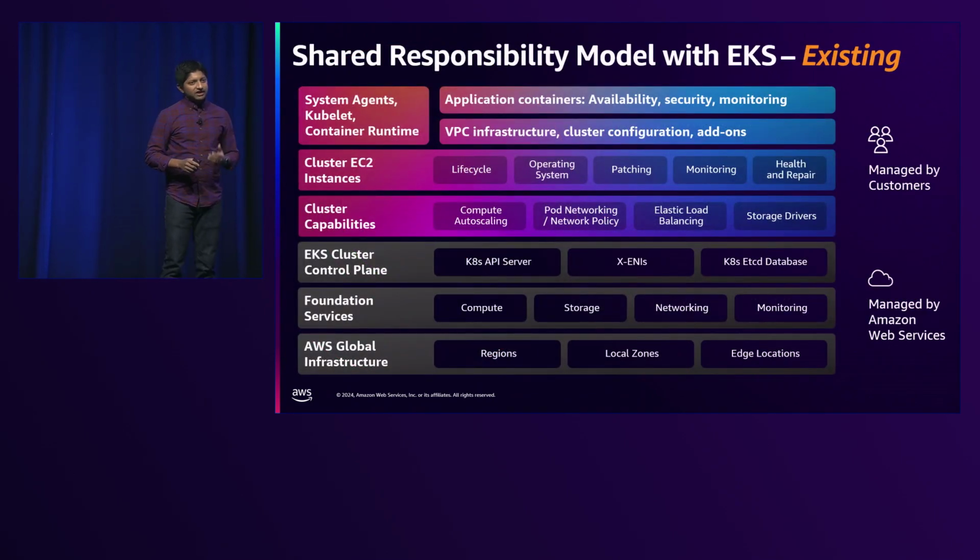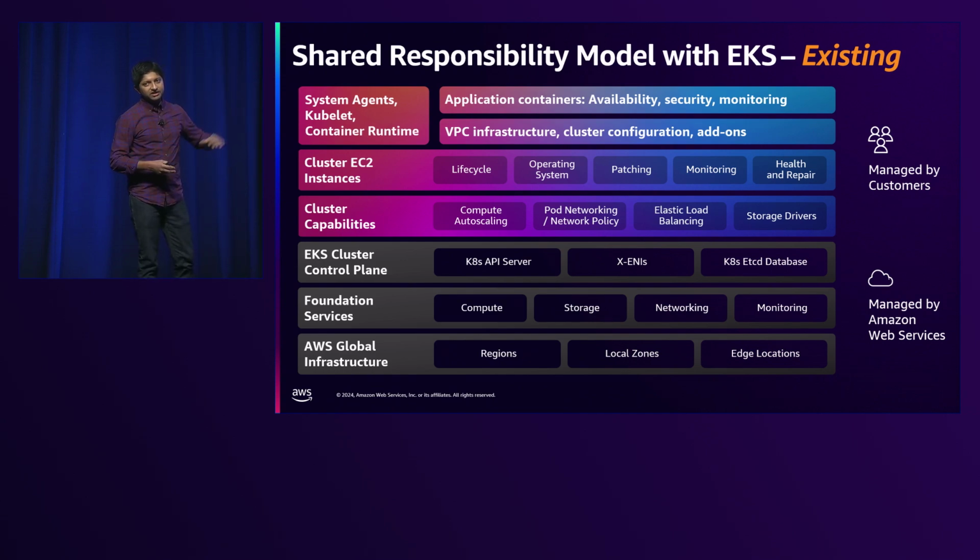For AWS and EKS, security is the highest priority. As always, operating securely in the cloud is a shared responsibility. AWS takes responsibility for the security of the cloud, and you as a customer take responsibility for security in the cloud. So here you can see at the bottom 3 layers are all managed by AWS and EKS.